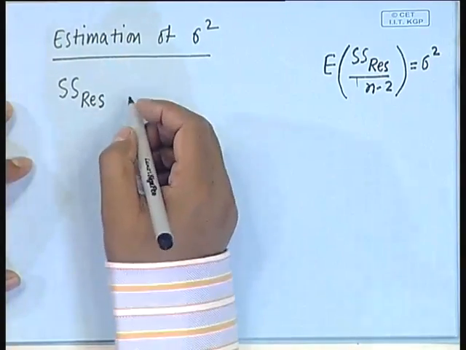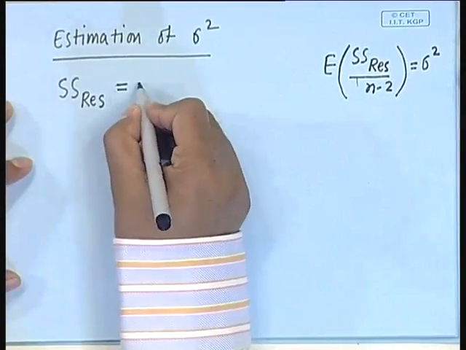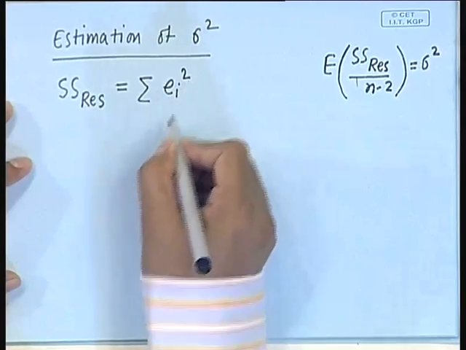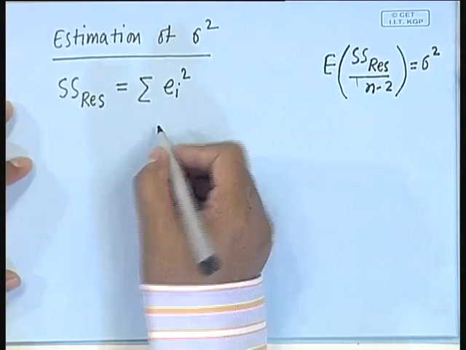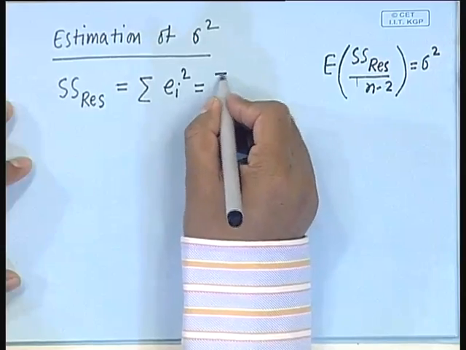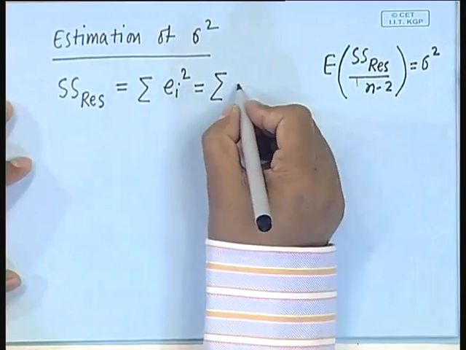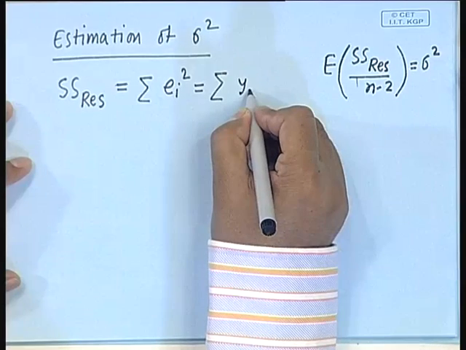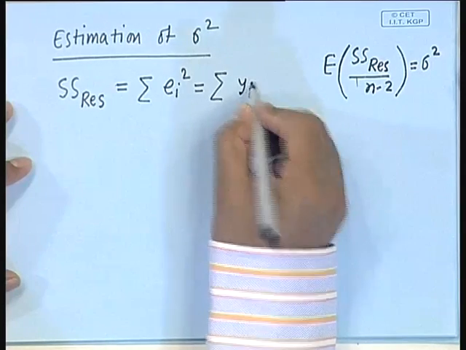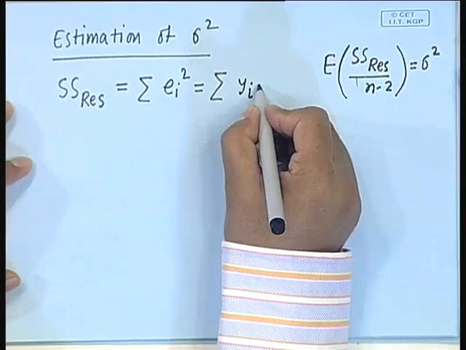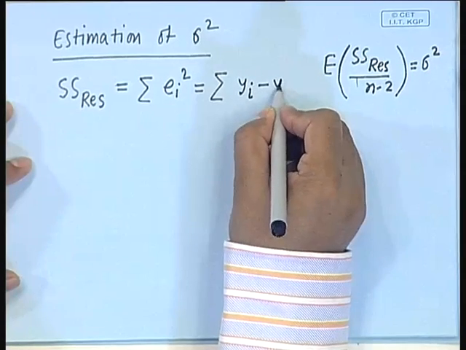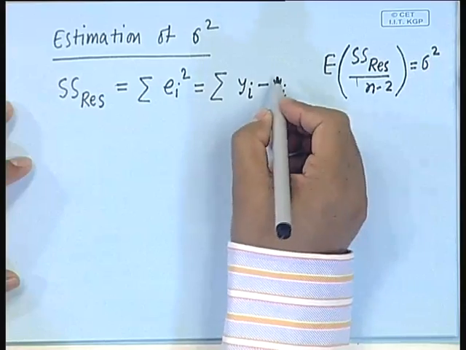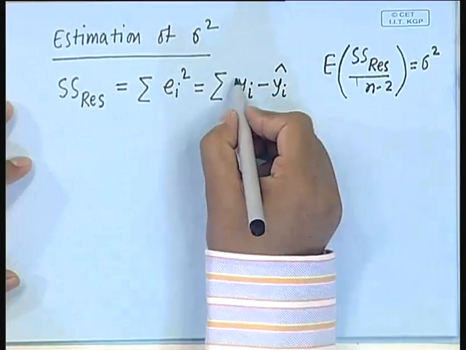SS residual is equal to summation ei square, that we know, and the ith residual is the difference between the ith observation and the estimated value yi hat.